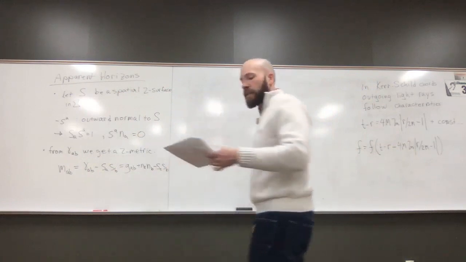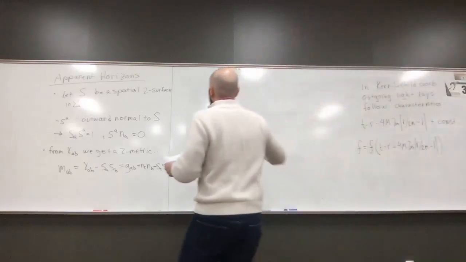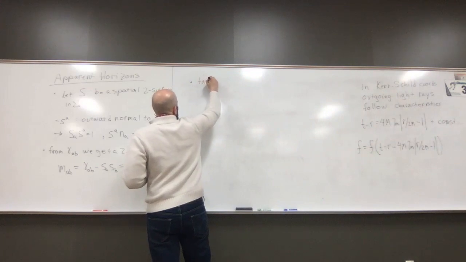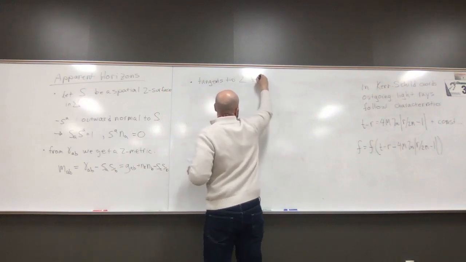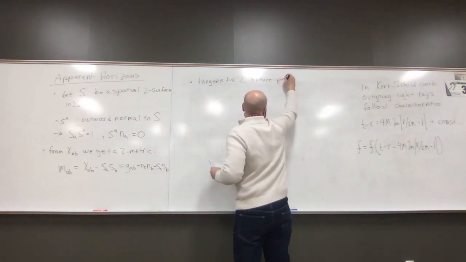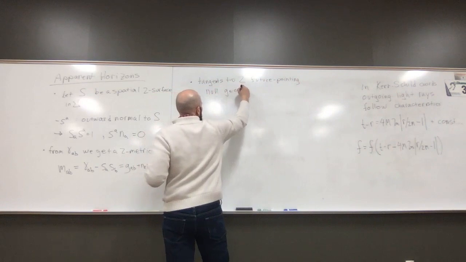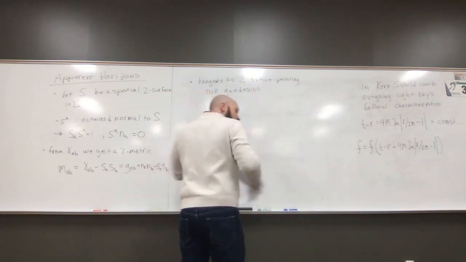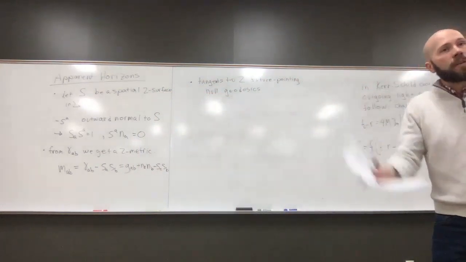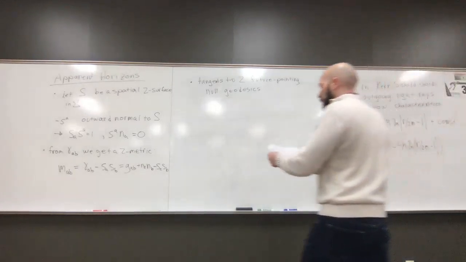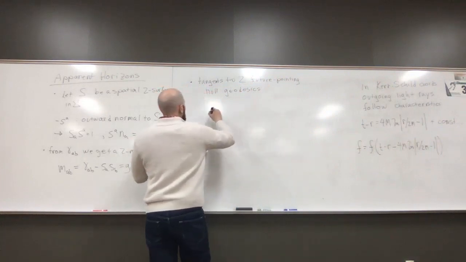So let's find the tangents to 2 future pointing null geodesics. It doesn't matter what they are. So the tangents to 2 future pointing, so we're moving forward in time, null geodesics. We're going to use these to give us some idea of how null geodesics are evolving on this 2 surface. That's why I need 2 of them. We're going to define them.